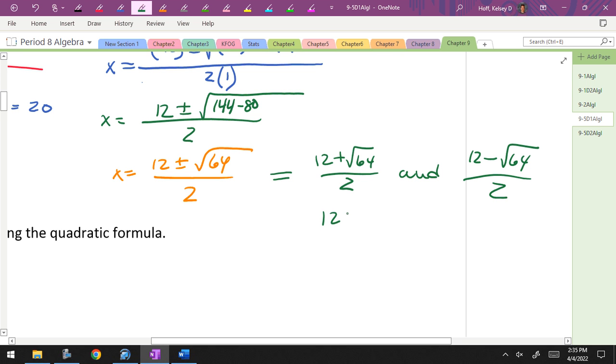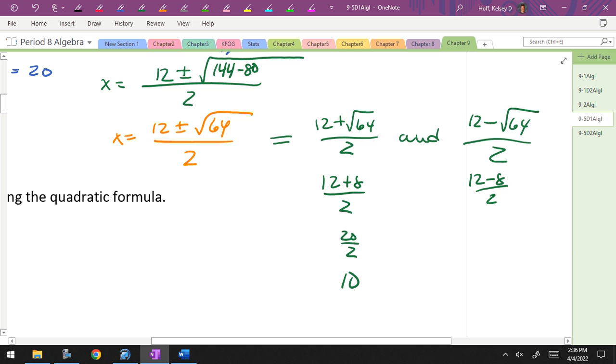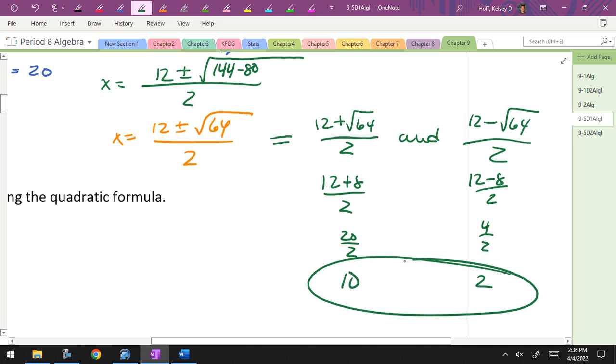So really, this is 12 plus 8 divided by 2. 12 plus 8 is 20 divided by 2 is 10. 12 minus 8 divided by 2. 12 minus 8 is 4 divided by 2 is 2. So my answer would be 2 and 10. If I graphed it, I would cross the x-axis at 2 and 10.